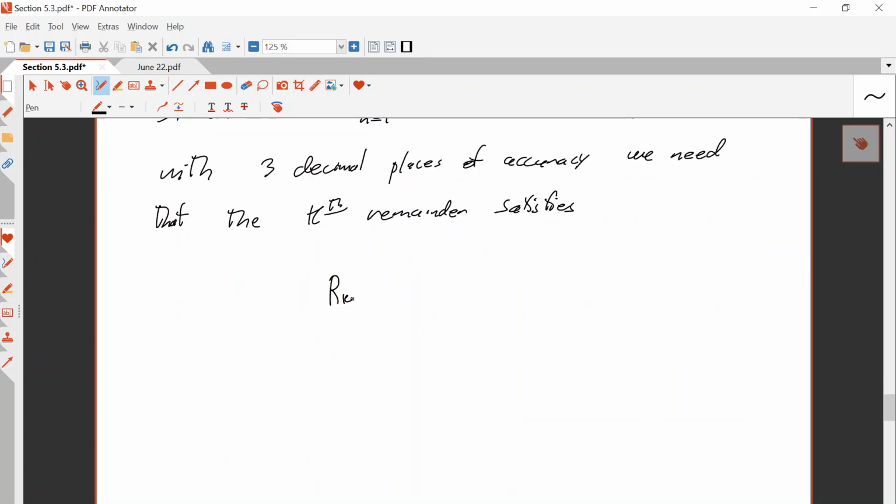So the kth remainder is the difference between the partial sum and the entire sum. So the kth remainder, as we said, is less than the integral from k to infinity f of x dx. So as long as that, and we want 3 decimal places of accuracy, so we need that to be less than 10 to the minus 4th for 3 decimal places of accuracy.